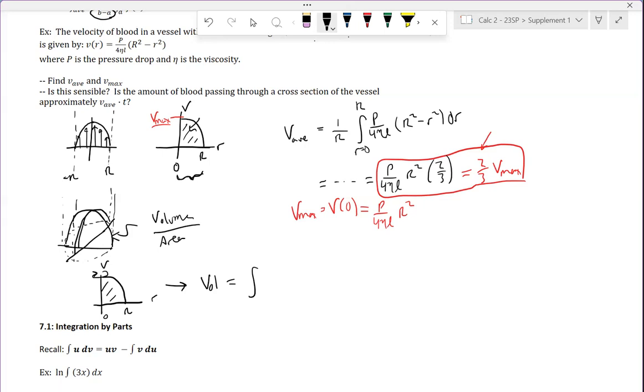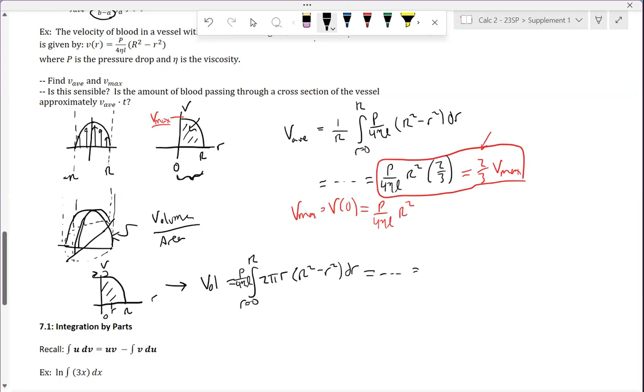So we're going to be adding shells from r equals 0 out to big R. My basic shells formula is 2 pi radius, which is just r, times f of r dr. And again, fairly straightforward integral to do.